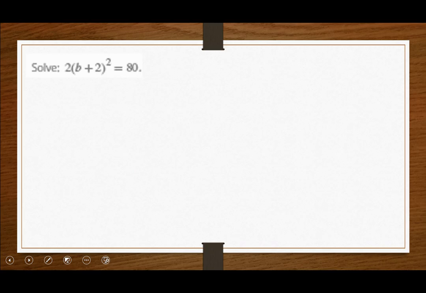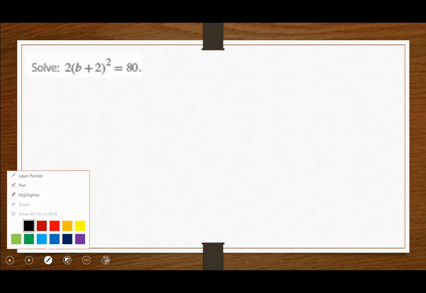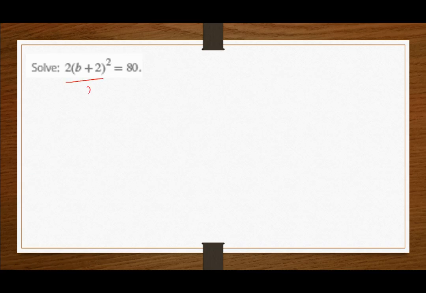Here's another example, again, where we need to consider that division by 2 is more critical than multiplication by everything on the left-hand side. In the interest of saving time, we would isolate our square term so that we can apply this square root property.